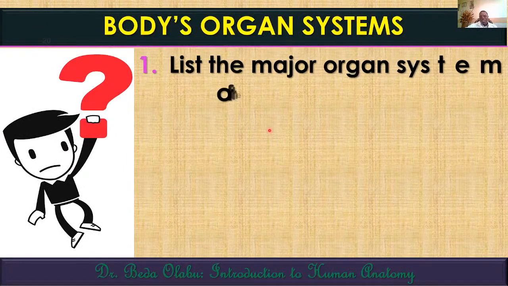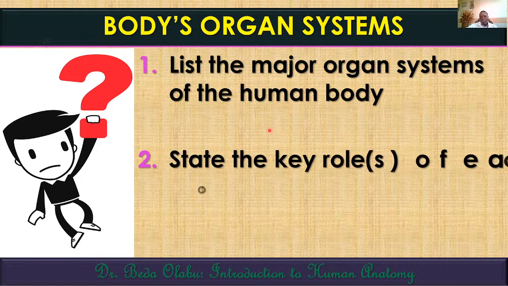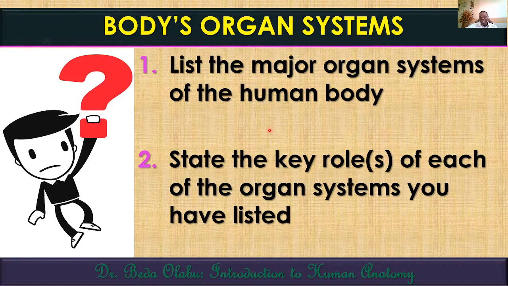So this is your question. Perhaps take a minute, maybe a few seconds, to just list the major organ systems in the body. And if you are able to state one key function or the key functions of each organ system in the body, that would be good. So let me give you a minute to just toggle through that.